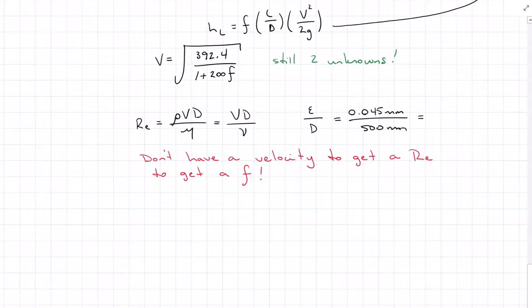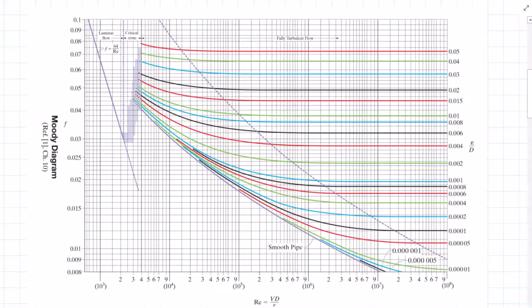My relative roughness ends up being 0.00009. So if I go up to my Moody diagram, my relative roughness is somewhere in here, okay? Again, remember we're trying to guesstimate to get a start. So it looks to me like a good starting value can be around here at this 0.015, okay?